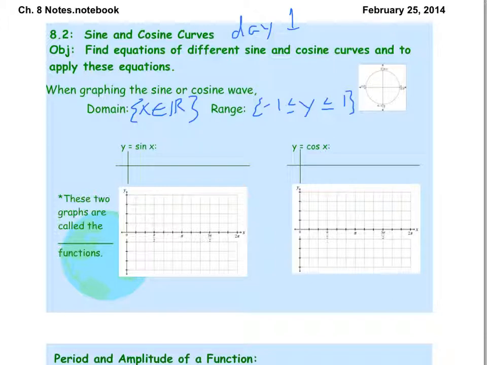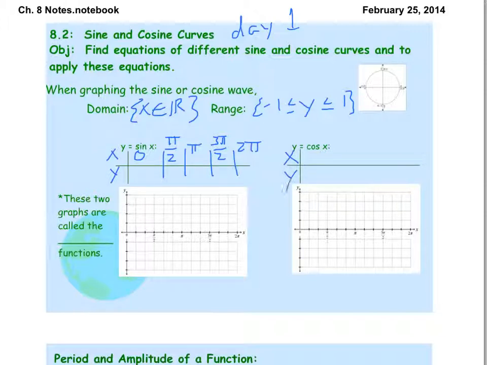Now, to just get a really basic look at their two graphs, I'm going to start with sine. I just want to look at the quadrant points, which would be 0, pi over 2, pi, 3 pi over 2, and 2 pi. Okay, really easy points to read off the unit circle. And in fact, it might be helpful if you have a copy of the unit circle available and that you're looking at that yourself.